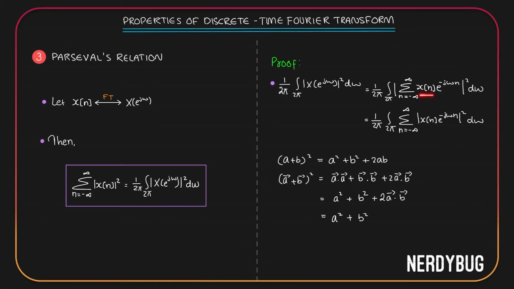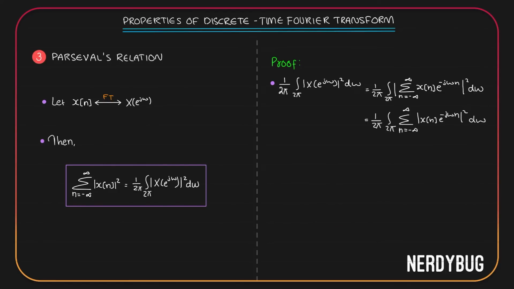We are multiplying it with x of n, but it is just its coefficient, it is just a constant. Here I have written square of magnitude of the summation is the same as summation of square of the magnitude, because our functions here are orthogonal and therefore their inner product is 0. Just like if the dot product is 0, we get a plus b whole square is a square plus b square.